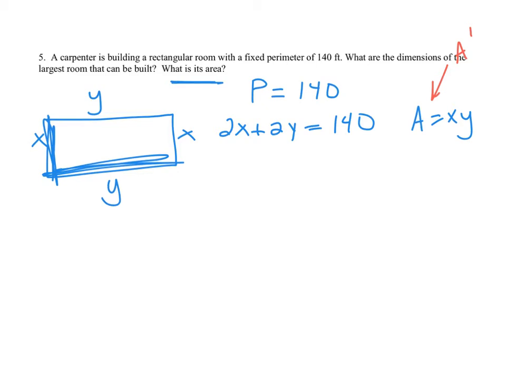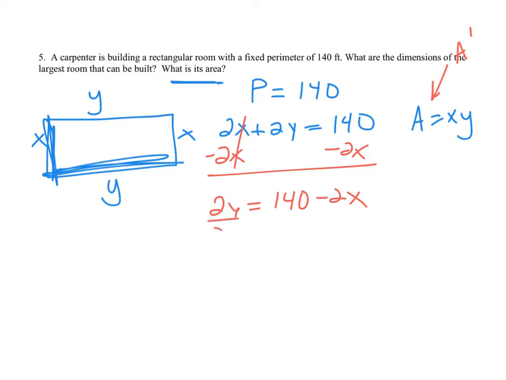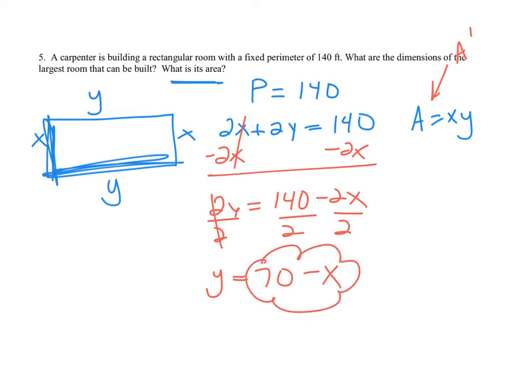So the first equation, what I'm going to do is solve for a variable. I'm going to choose to solve for y, so I'm going to subtract 2x, and I'm going to get 2y equals 140 minus 2x, divide by 2 on everything. So y equals 70 minus x. And that's what I'm going to put in for y right here.